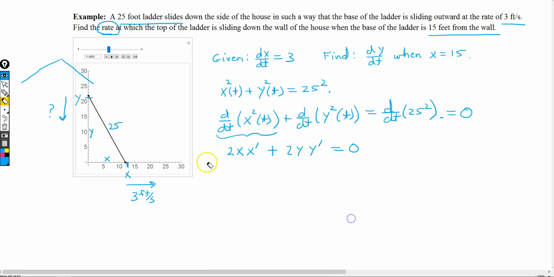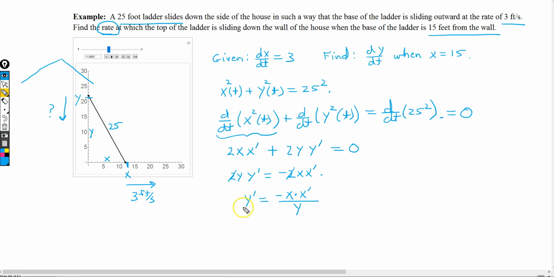And now we just need to solve for y prime. So we'll take the 2x x prime over to the other side. The 2's, of course, will cancel. We can divide this y to the other side, and we will get y prime. There we go.